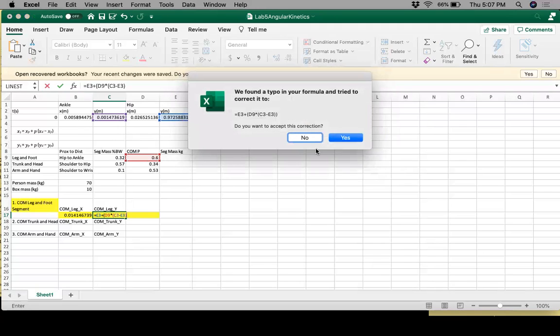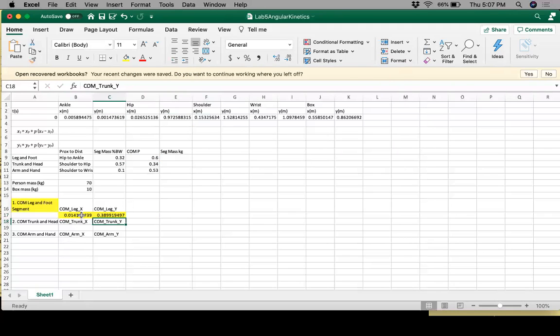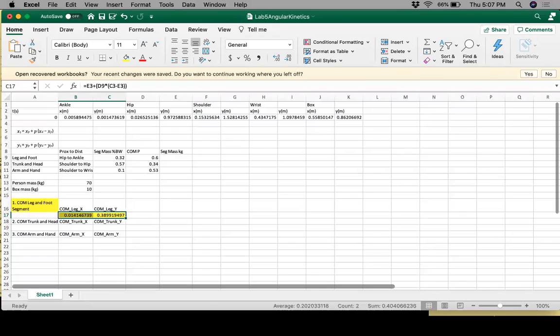And press enter. Oop, I forgot a parenthesis. So yes, I will accept that correction. And I have that computed. So we've actually answered question 1 here. We have our x and y coordinates for the center of mass of the leg and foot segment.